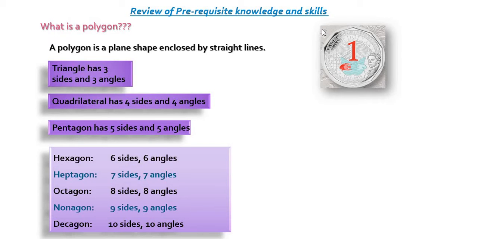Is it a square? Okay, it looks like a square, but we cannot be certain because we do not know if the opposite sides are all of equal length. If that's the case, then it's a square. A square is a type of quadrilateral. But we do not know if the opposite sides are all of equal length and whether or not the internal angles are all 90 degrees.